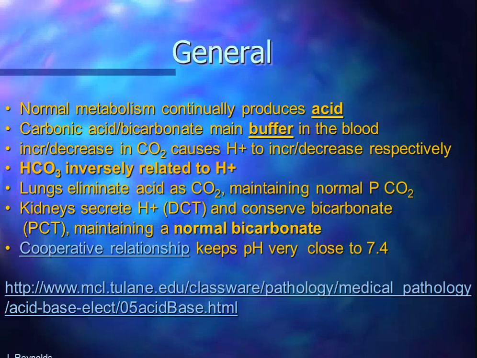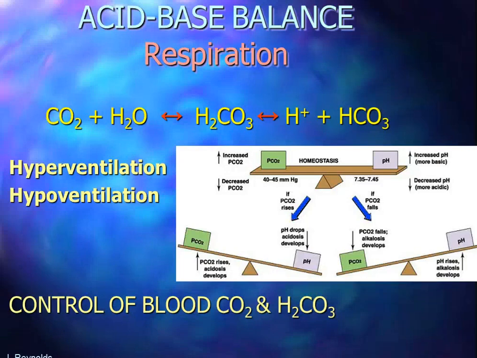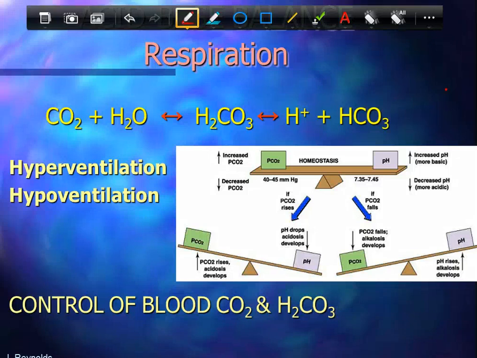Last thing, we're going to be talking about kidneys and lungs a lot here. These two organ systems work together to try to keep your pH balanced. Alright, so let's shift over to breathing. I kind of already gave you a little bit. I didn't mean to get into respiration, but here we go again. There's the formula. So, when you hyperventilate, you are blowing off more of that going out.